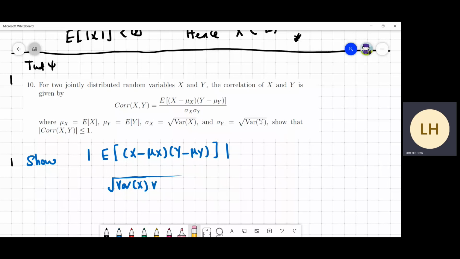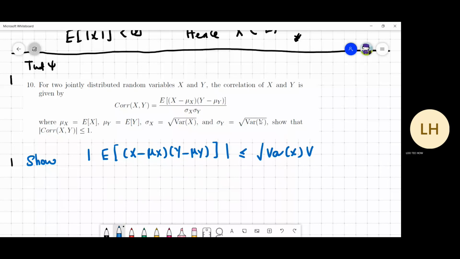So in other words, we just need to show this is less than or equal to sigma x multiplied by sigma y, which are the standard deviation for x and standard deviation for y respectively. So this is less than the product of these.